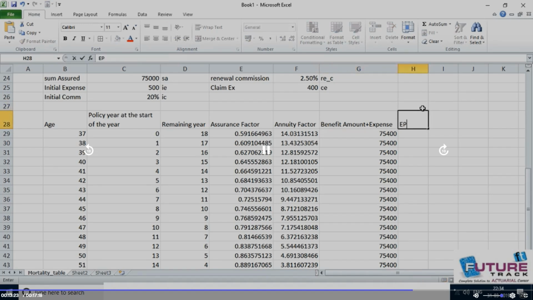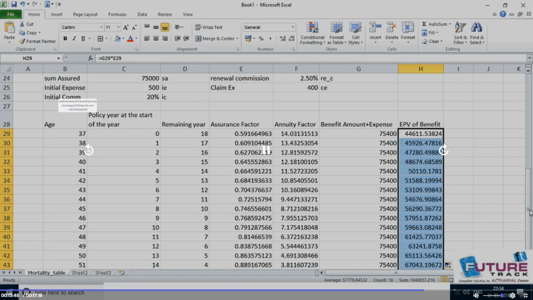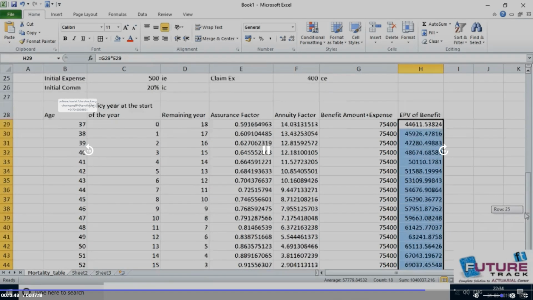Then expected present value of benefit. So what is the expected present value of benefit? This into the assurance factor. Fine. So this is my EPV of benefit. Double click. So we get expected present value of benefit for all the years.